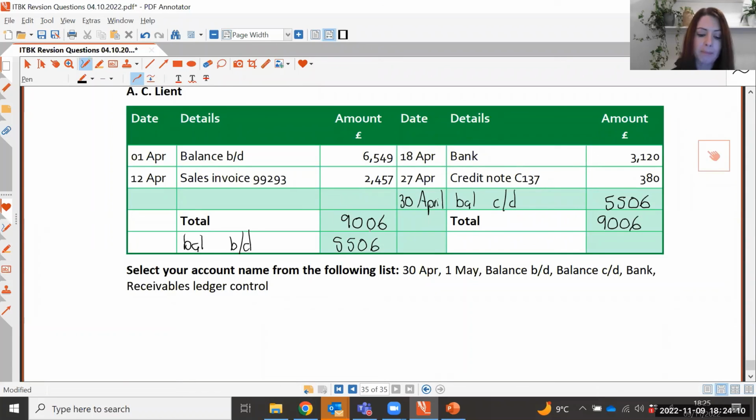So remember, yes, brilliant, the 1st of May. Yeah, well done. So the balance carried down always closes off a period, and then the balance brought down starts off the next period. So well done, excellent.